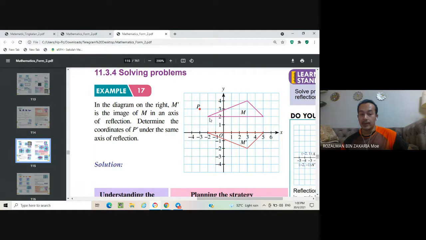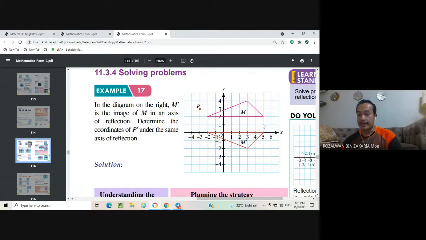So we know that the axis of reflection is situated 1 unit from the point of the object M, and also 1 unit from the point of the image M. So 1 unit from this point is here, and 1 unit from this point is also here.